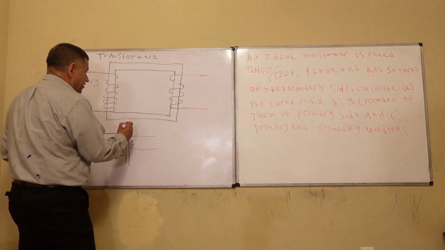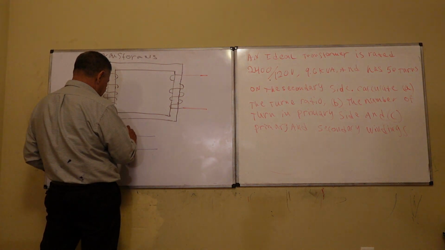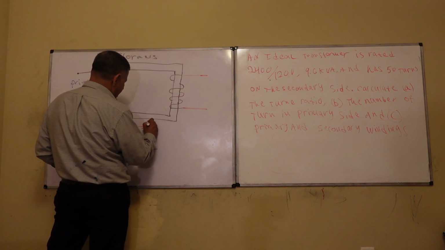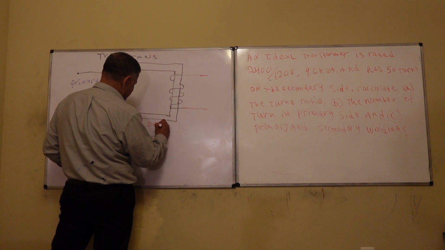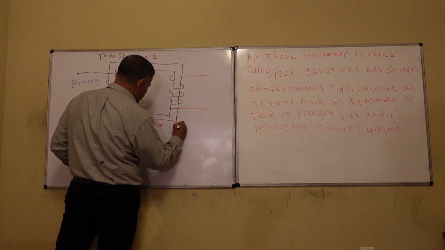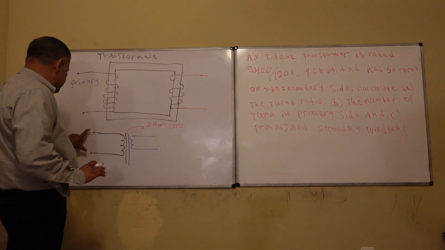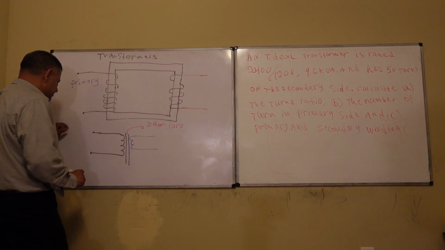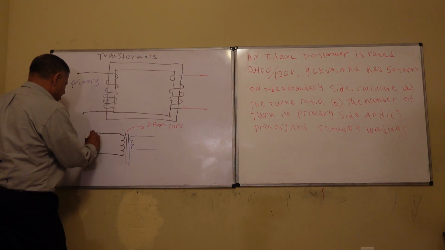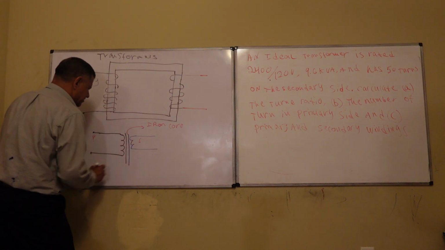So with that information, let's calculate this. We talked about last time that this was called the iron core. This is the primary side, this is the primary, this is the secondary.